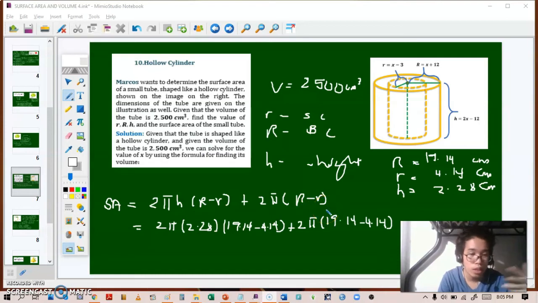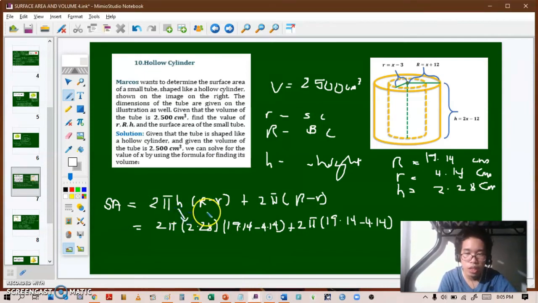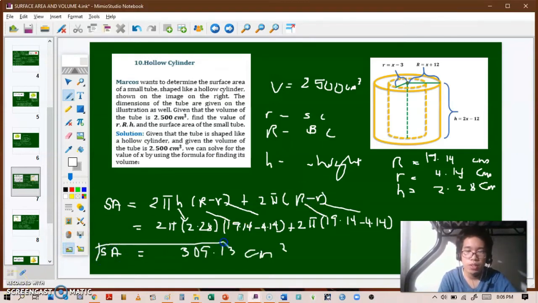And again, we derived that formula from our previous video. So we substitute the value for h and big R, and then small r, and again for big R and small r. And if we compute all of that, the surface area of the hollow cylinder is equal to 309.13 centimeters squared.